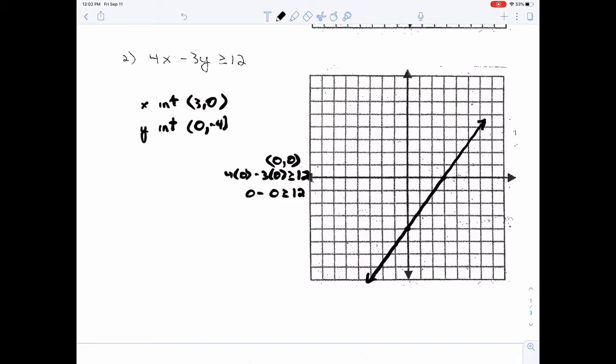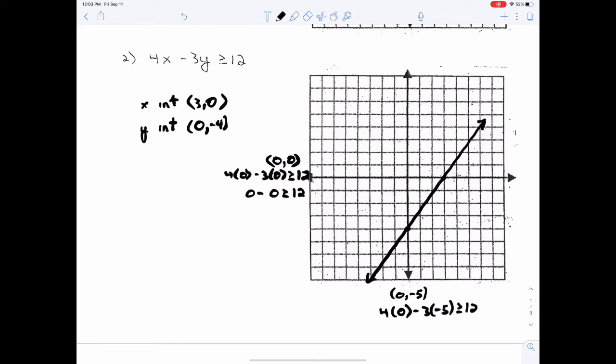So let's pick a point on the bottom here. I usually go for one on the y-axis, but x-axis would be fine too. I'm going to go for 0, -5. But you can really pick any one. Let's plug it in and see if it makes it true. So we have 4 times 0 minus 3 times -5. Is that greater than or equal to 12?